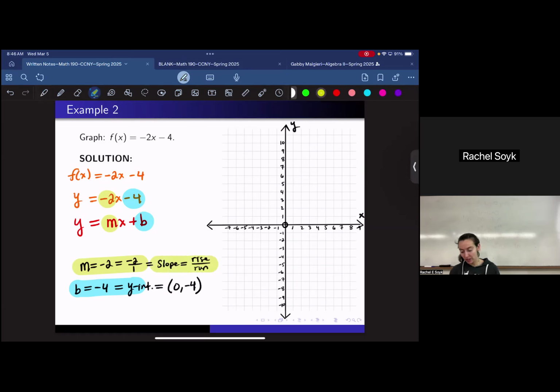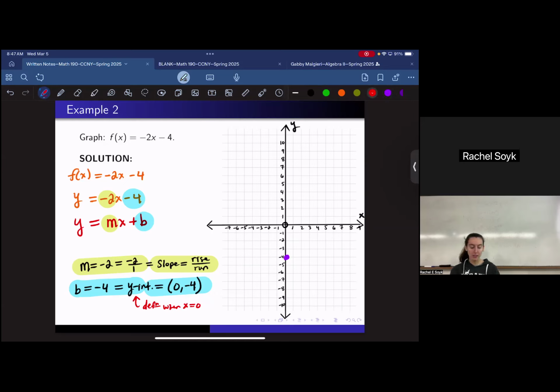Right, the definition of y-intercept is always when x is equal to 0. Anytime we graph, we want to graph our y-intercept first. 0, -4. This is our starting point.